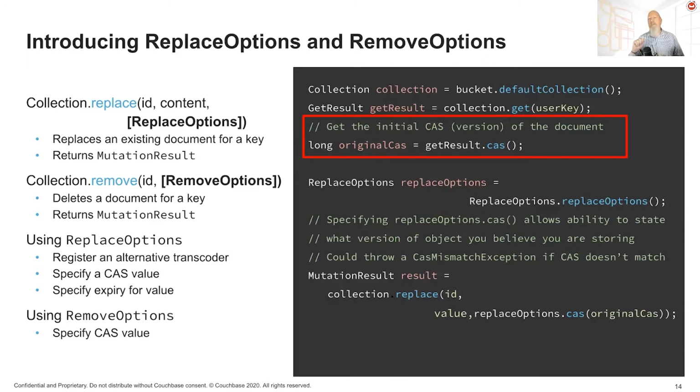And then I would use my replace options. And we'll see that on my replace options, there is a method called CAS. And it's the mechanism that allows me to supply the original CAS. So semantically, what I'm basically saying is I want to replace the document whose ID is whatever the ID is, and I believe the CAS value is whatever the value of that CAS value is.